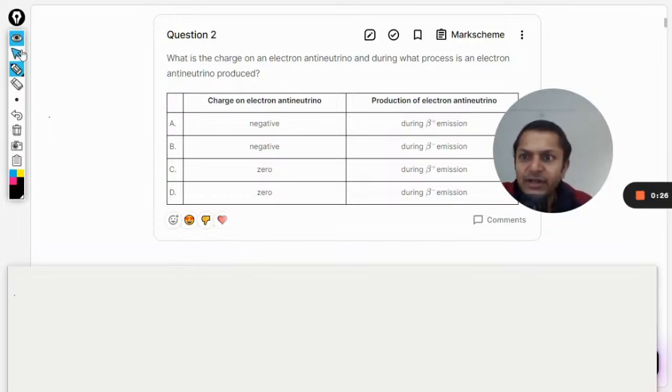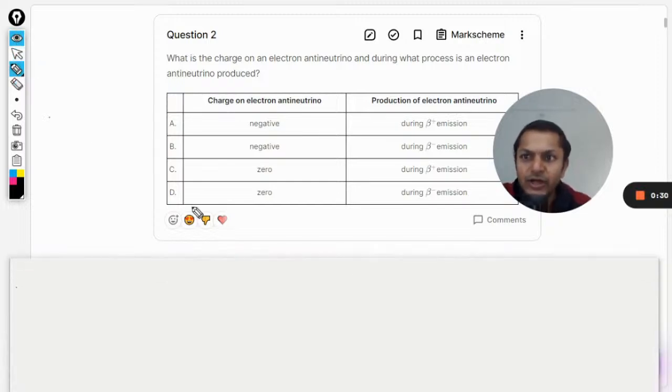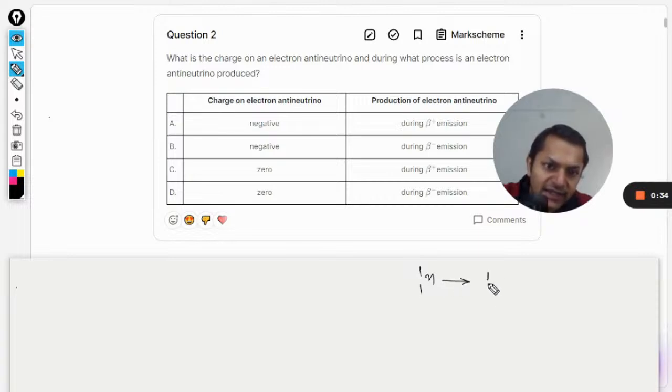So what is happening in the nucleus here, let me show you that. One reaction is this: the neutron is getting converted into proton. Now proton is having a positive charge. So let me explain you this thing later, just a moment. Electron antineutrino plus Q value.